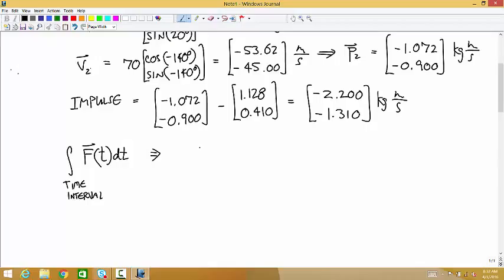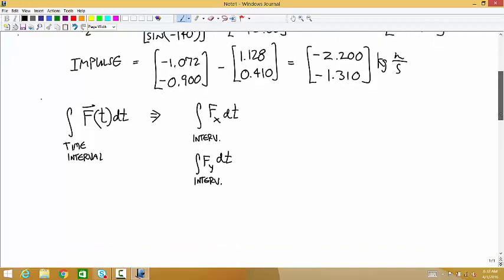The first one says the integral over the time interval of fx dt and the integral over the interval fy dt. And we're going to assume, it's not true, but we're going to treat it like fx and fy are constants because we're just trying to find the average force.